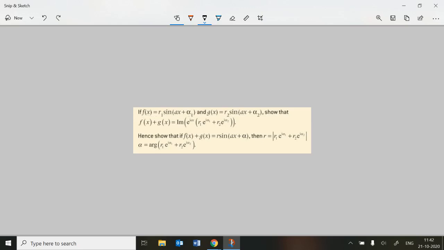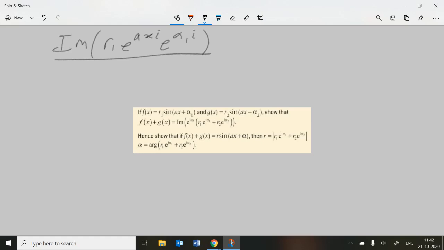Now, what I'm going to do is actually start the wrong way round. So I'm going to say, let's put the complex number in Euler's form. Say we've got R1 here, and e^(ax i), then e^(alpha 1 i).